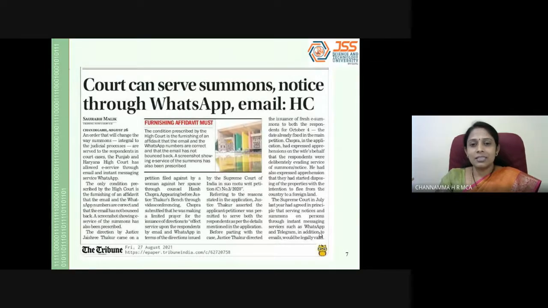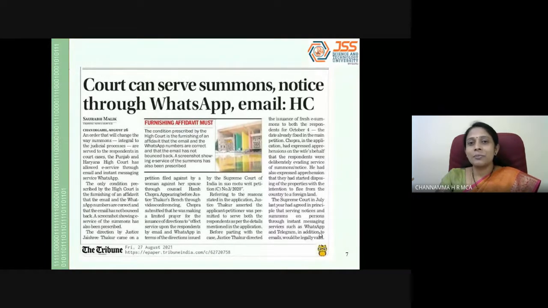Anyway, as we have seen, users and misusers are there with digital data and cyberspace. Even the government is using social media for informing people. This was published on 27th August 2021, recently, not even one month back: the High Court says that it will serve summons and notices through WhatsApp and email also.